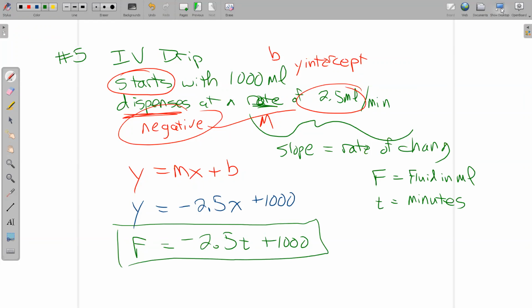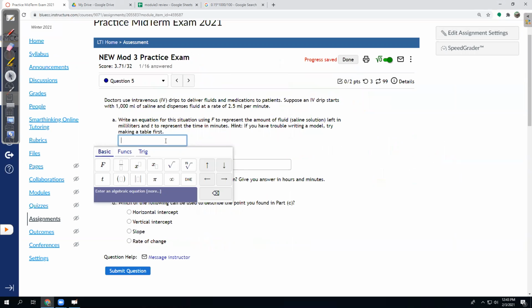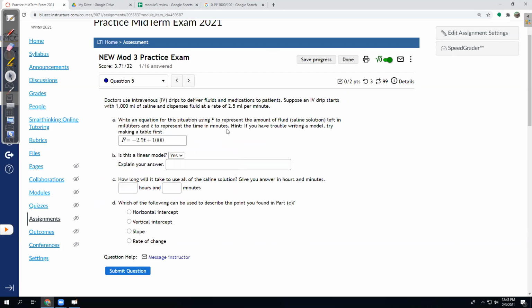So what else do we got here? F. And a lot of times when you click there, it'll give you hints like what letters to use. So if you're typing Y and X and it says F and T, you better reread and double check. Negative 2.5 T plus 1,000. So too many zeros, that's better. Okay, that looks good.